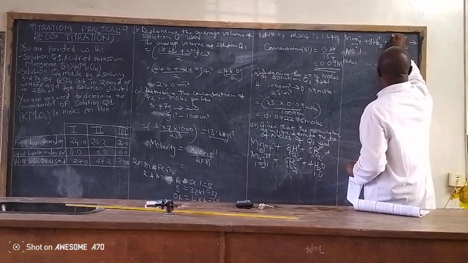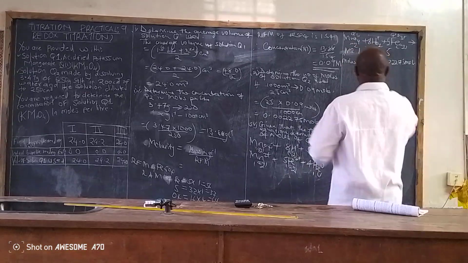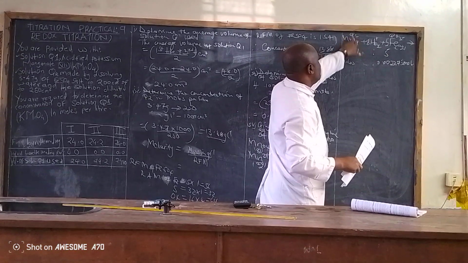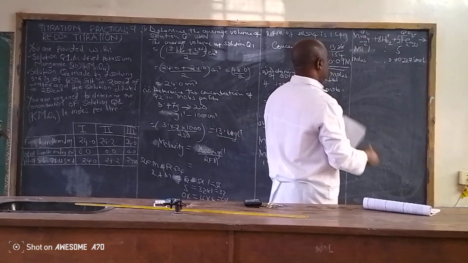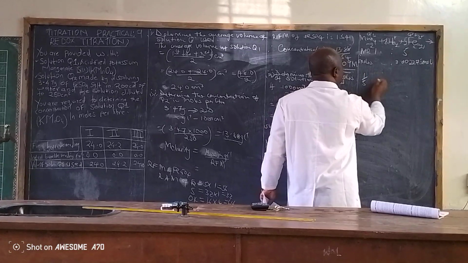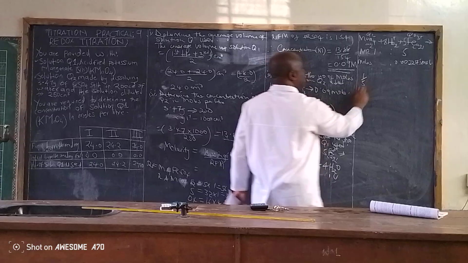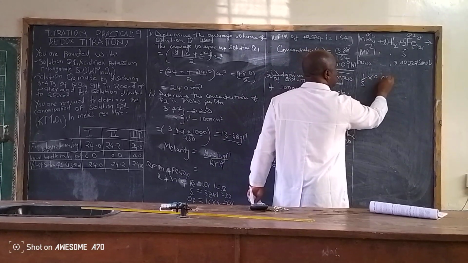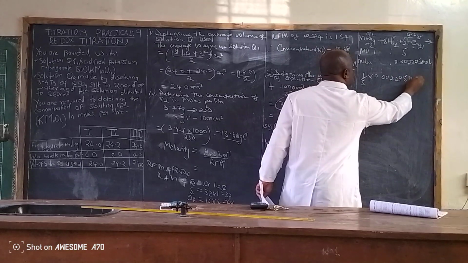We have been told to calculate the number of moles of Q1. Remember, this is Q2 and this is Q1. So we are supposed to calculate the number of moles of potassium permanganate. Because of the mole ratio, we are going to divide by 5. Because if this one gives us 5, what about 1? So it is a fifth of that. So 1 over 5 times 0.00275 moles.